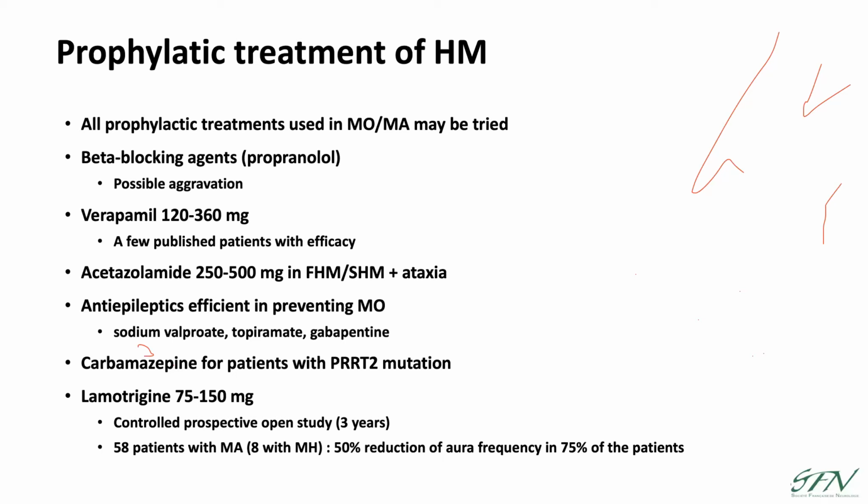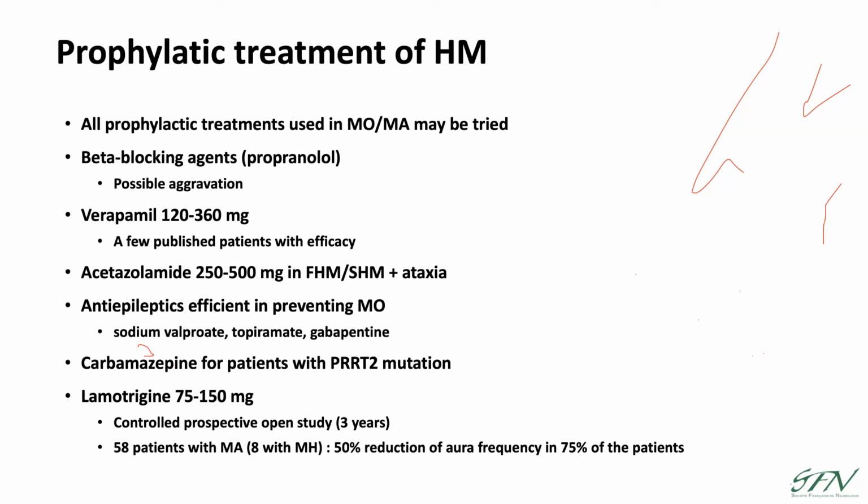And then in my practice, lamotrigine is the most efficient preventive agent in hemiplegic migraine and also in migraine with frequent aura. There were 2 studies that showed a 50% reduction of aura frequency in 75% of the patients. The cohort was of 58 patients with migraine with aura and 8 had hemiplegic migraine.